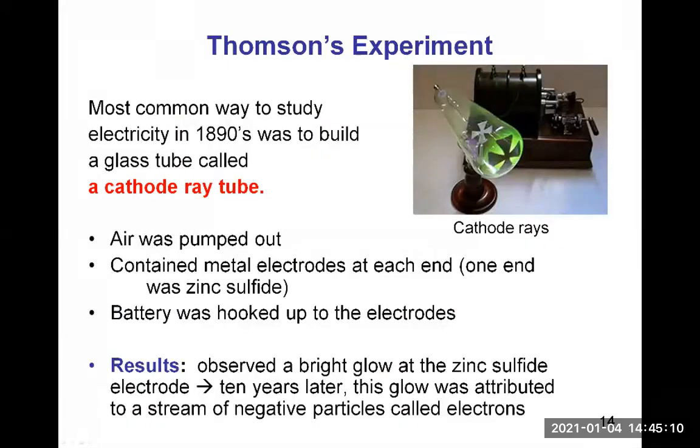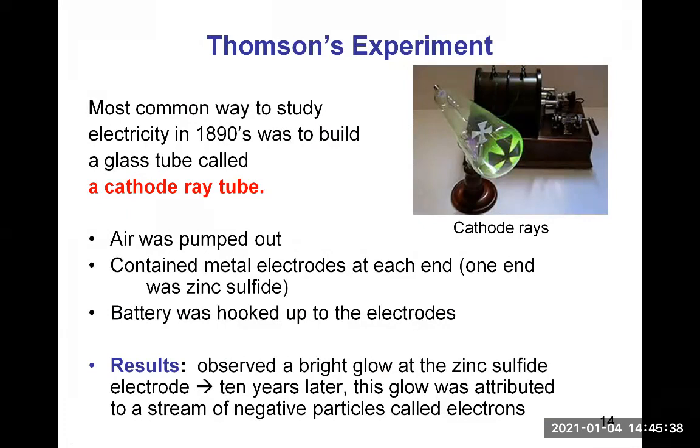So at the time of Thomson's experiments, the most common way to study electricity in the 1890s was to build a glass tube called a cathode ray tube. It was made of a glass tube where the air was pumped out. There were metal electrodes at each end of the tube, and one electrode was made of zinc sulfide.